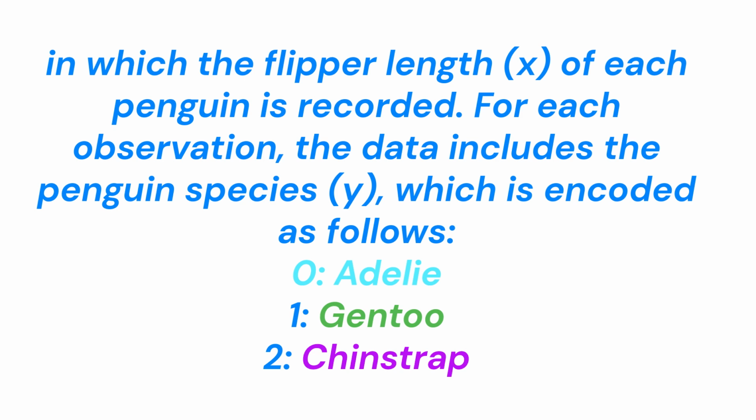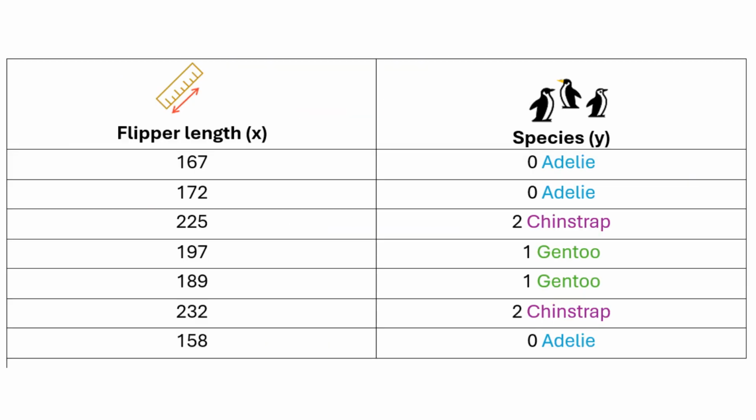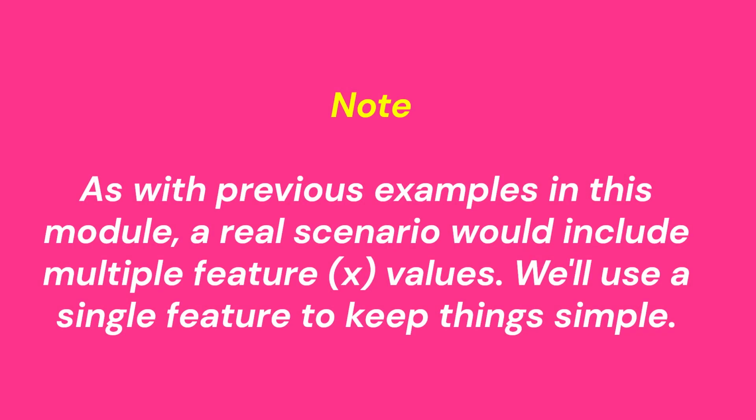For each observation, the data includes the penguin species, y, which is encoded as follows: 0, Adelie, 1, Gentoo, 2, Chinstrap. Note, as with previous examples in this module, a real scenario would include multiple feature x values. We'll use a single feature to keep things simple.